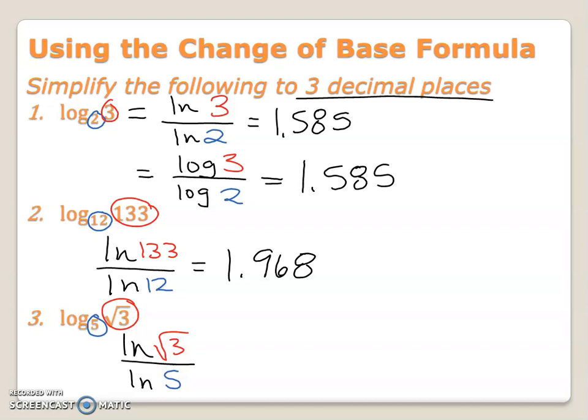Ln square root of 3 and Ln of 5. Press enter, and this one I get 0.341. Okay, so that is our change of base formula. We can use that now, and that will allow us to simplify any logarithm that we get.